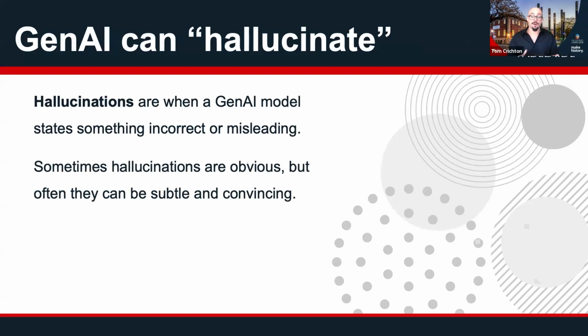Sometimes hallucinations are obvious, particularly if you're using a tool that has a slightly out of date AI model. Sometimes those hallucinations are just obviously wrong facts about the world, like it might say the sky is green rather than blue. But the more advanced Gen AI models, like GPT-4, can be more subtle and convincing in the hallucinations that they have.